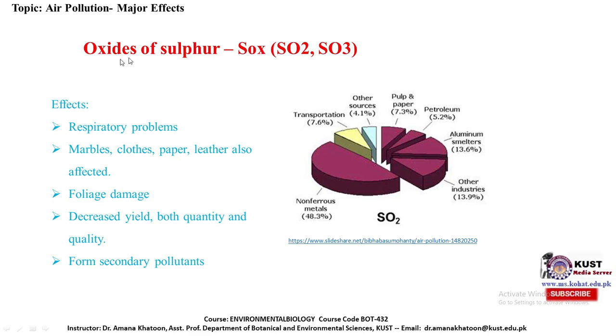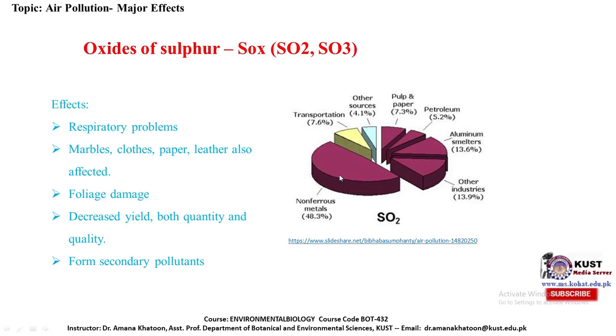Next are the oxides of sulfur, the SOx. Various oxides are there, for example SO2 and SO3. They are collectively called the SOx. As far as their causative agents are concerned, transportation is not the main source here, but non-ferrous metals. We know ferric is for iron, so non-iron metals are the main source for the various oxides of sulfur, around 48%.